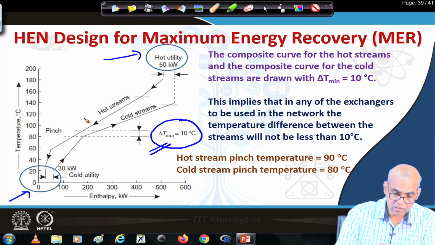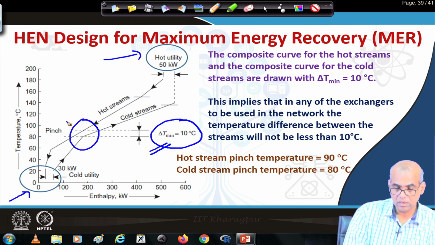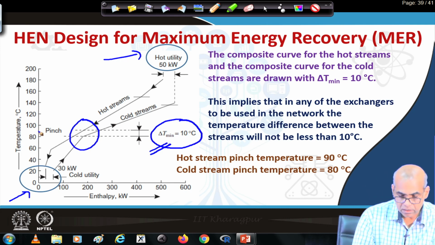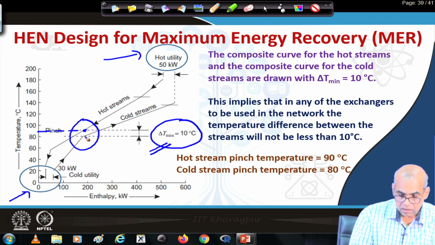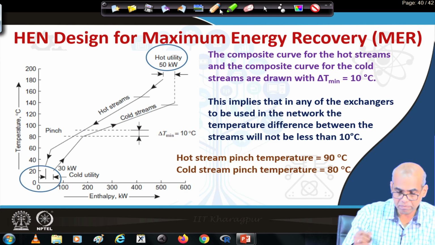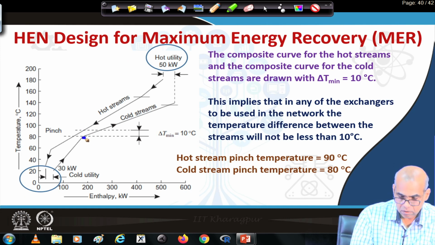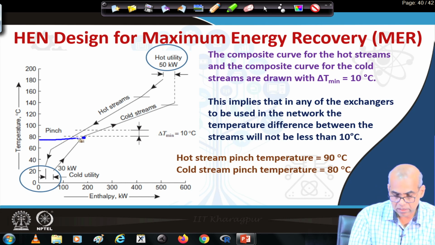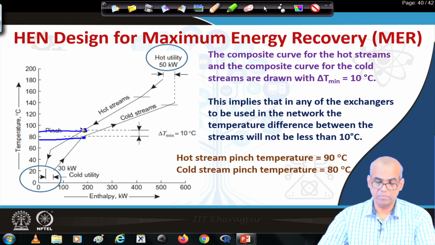So, this represents pinch. So, we have the hot pinch temperature as 90 degree Celsius and the cold pinch temperature as 80 degree Celsius.